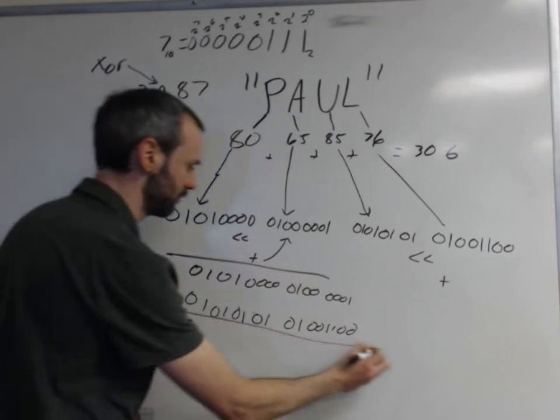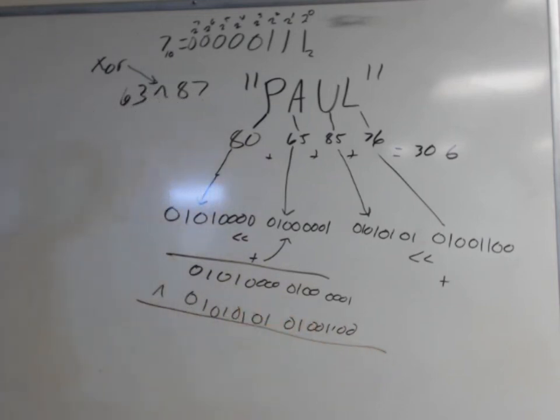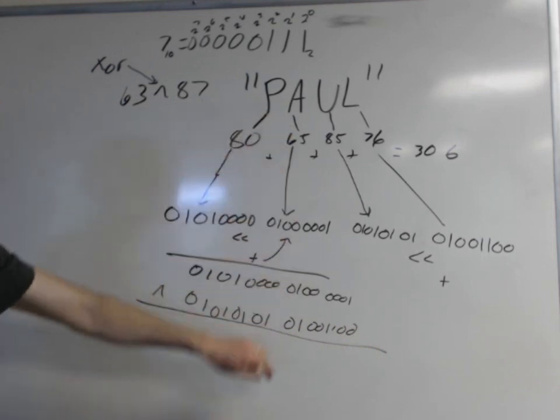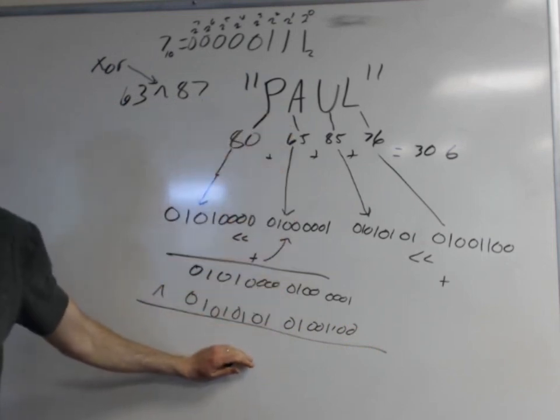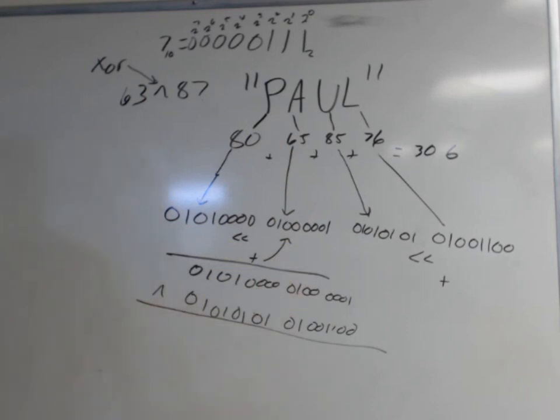And then you could just XOR them, and you'll probably get something a little more random than what you get from up here. Also, you get a number that's probably bigger than 306, so hopefully it'll be a little more even distribution. But that doesn't guarantee that there won't be duplicates.